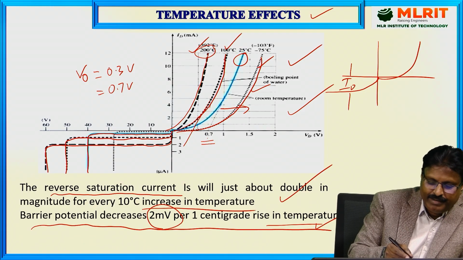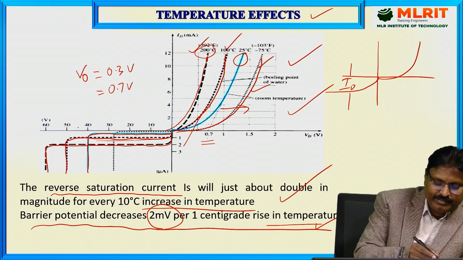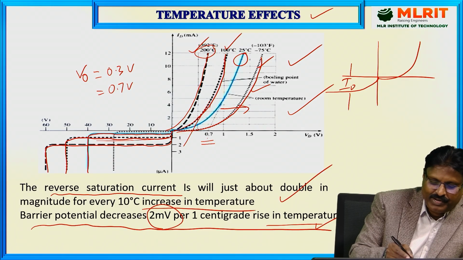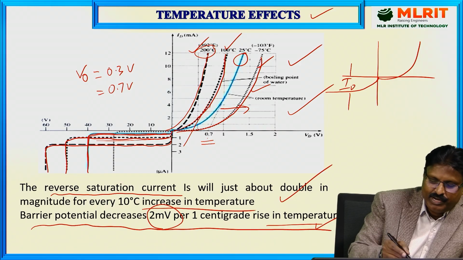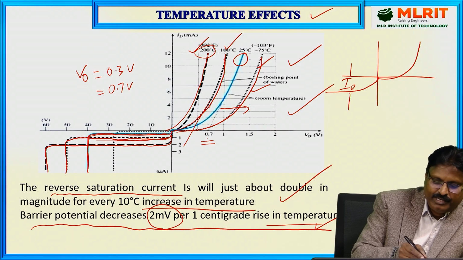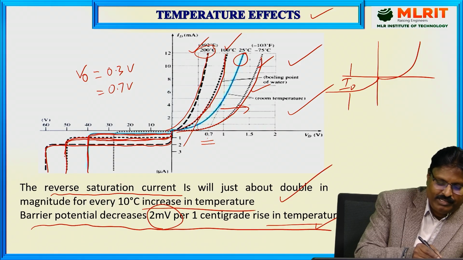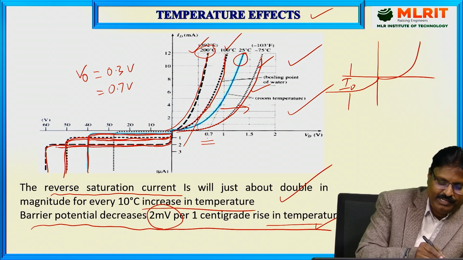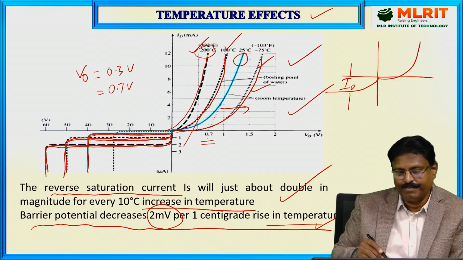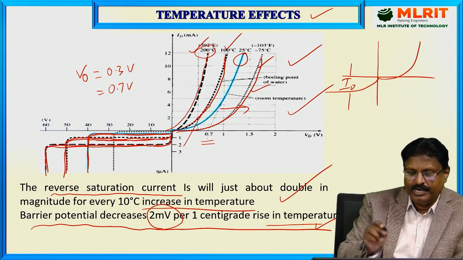So this is the curve. Okay, this is the reference curve, that is the curve at room temperature. The temperature is increased to 100 degrees centigrade, that's why the I0 is increased like this. Whenever it is increased to 200 degrees centigrade, the I0 is increased and the curve will be represented like this. Okay. So this is about the temperature effect.